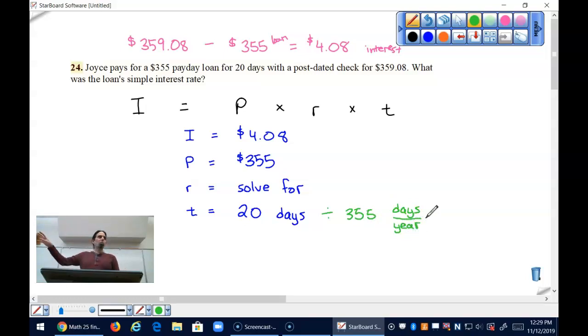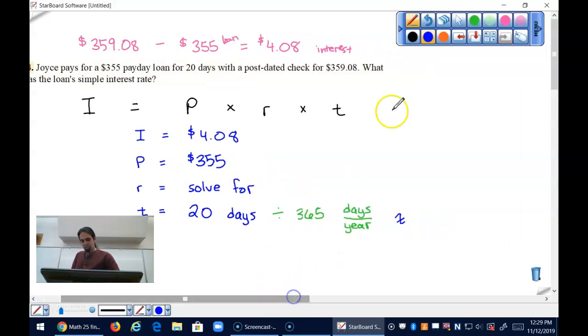Do you want the decimal, or do you want me to just have the 20 divided by 365? I can fraction myself. Like that, okay. I'll pick the decimal then. So 20 divided by 365 is about... Okay.